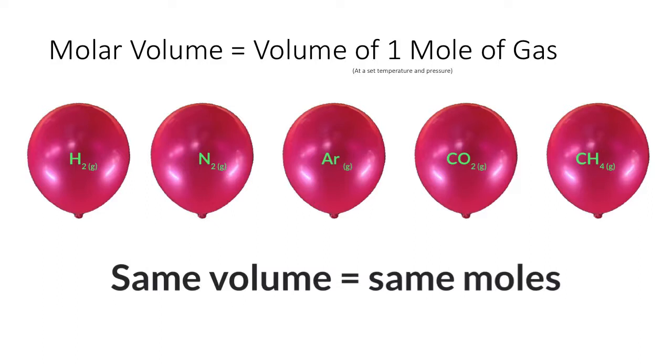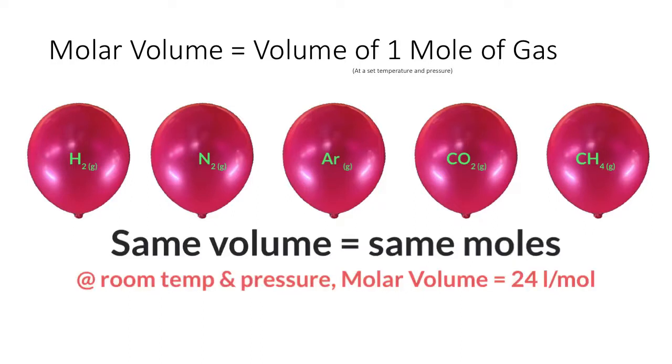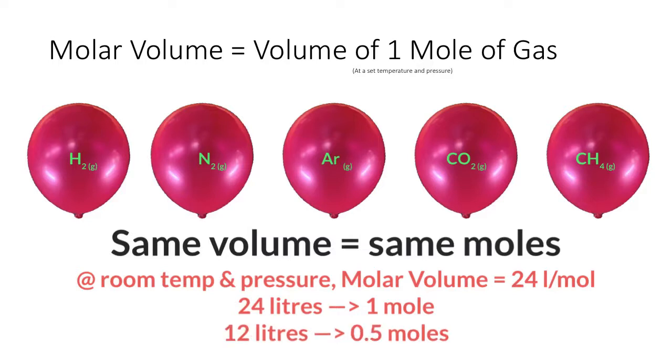At normal room temperature and pressure, the volume of 1 mole of gas is typically 24 litres. So if 1 mole is occupying 24 litres of space, of volume, then if I've only 12 litres of gas, I only have half a mole.